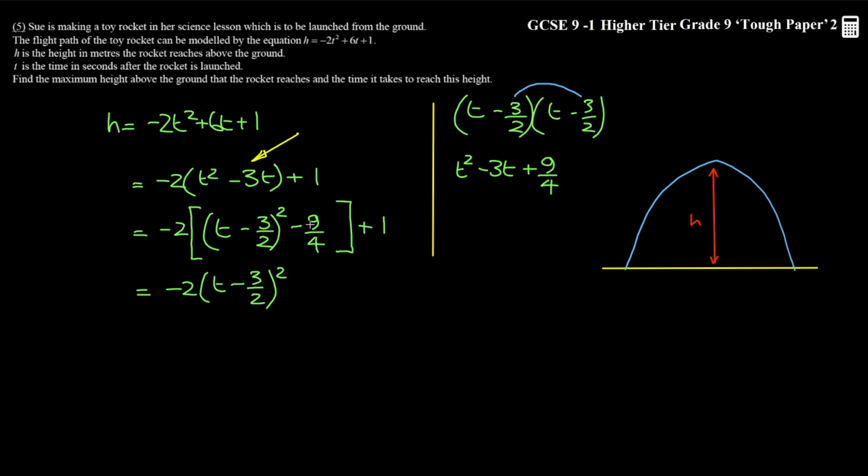Multiplying this with this, our answer will be positive. 2 times 9/4, well, the 2 and the 4 effectively cancels. So this will be positive 9/2. And then that +1, which has been sitting very lonely outside all this activity. So one more simplification. 9/2, well, 1 will be 2/2, so this will be 11/2.